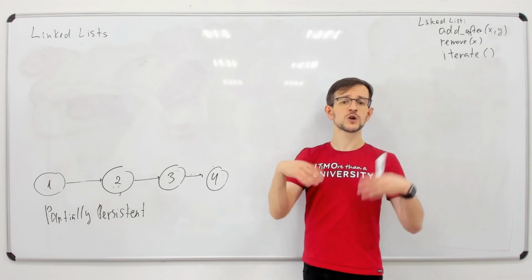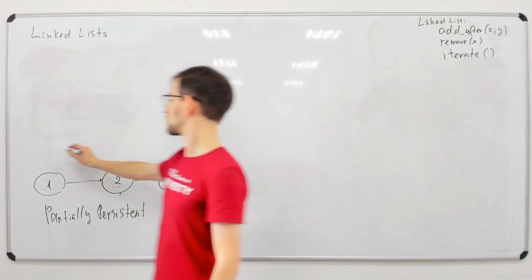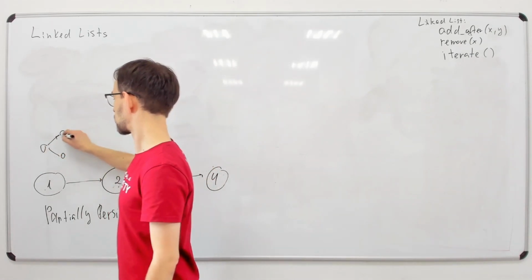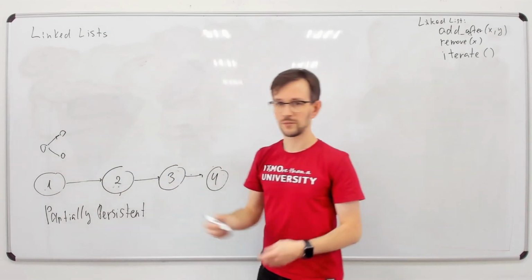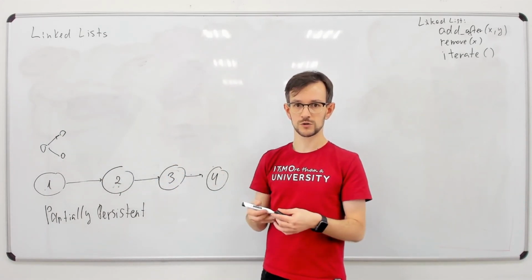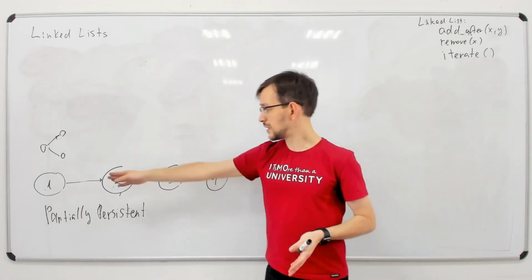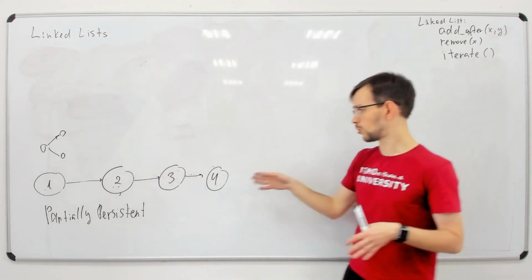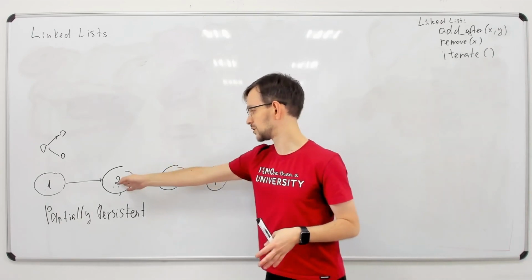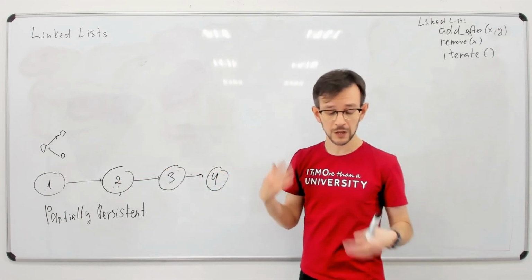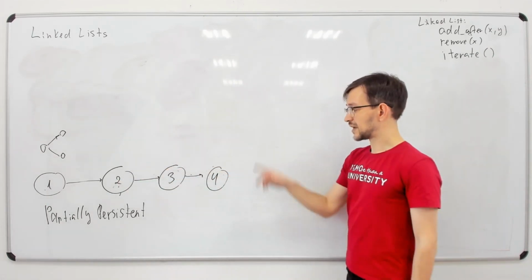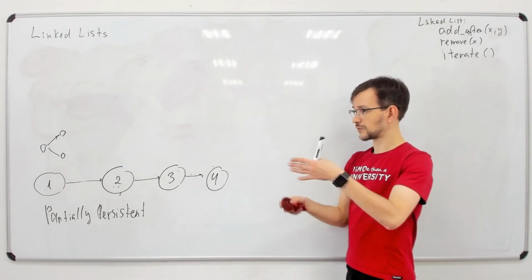In a fully persistent structure, it's not true, because if you have this version and these two versions, which one of them is older, which one is newer? There is no connection between these two versions. But if you have a partially persistent structure, you always can compare two versions. So this version is older than this version, and so on. Let's use this and enumerate all versions of the structure from left to right.